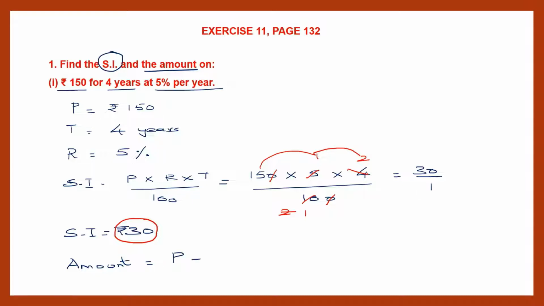Principal plus simple interest. So that will be, principal is rupees 150 and simple interest, which we just found out, is 30 rupees. So 150 plus 30 is 180 rupees.